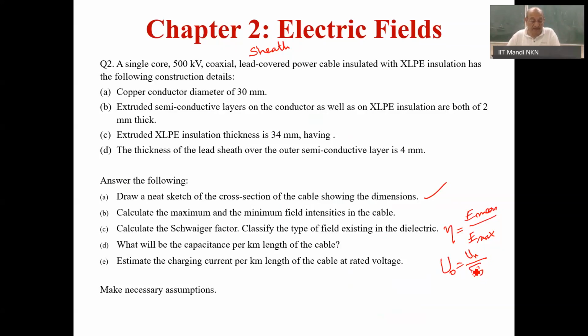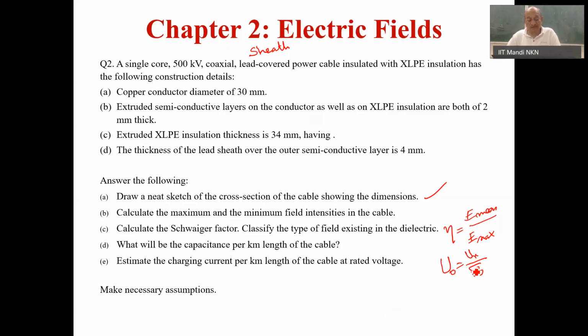Okay, and what will be the capacitance per kilometer length? We have made derivation for the capacitance. You can, in the meantime, consult your notes or the book where I have given it from. It's all given there. And then estimate the charging current per kilometer length of the cable at rated voltage.